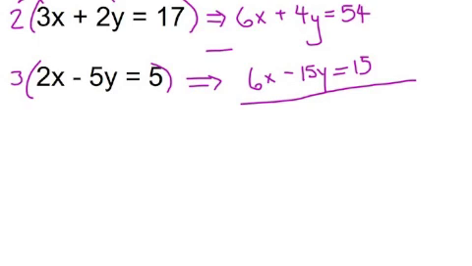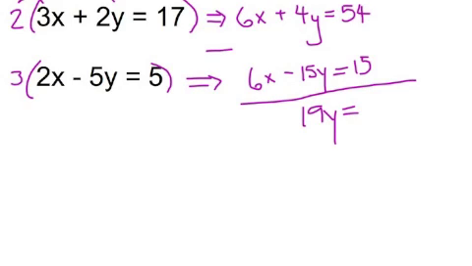All right. When I took 4y minus a negative 15y, I'm going to get 19y. When I took 54 minus 15, I'm going to get... Have you caught the mistake that I made yet?